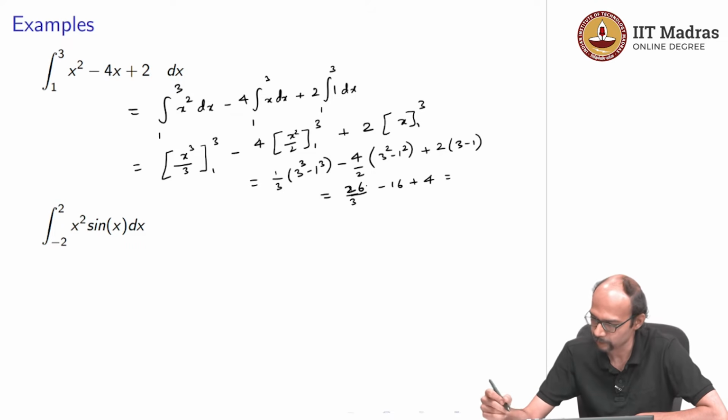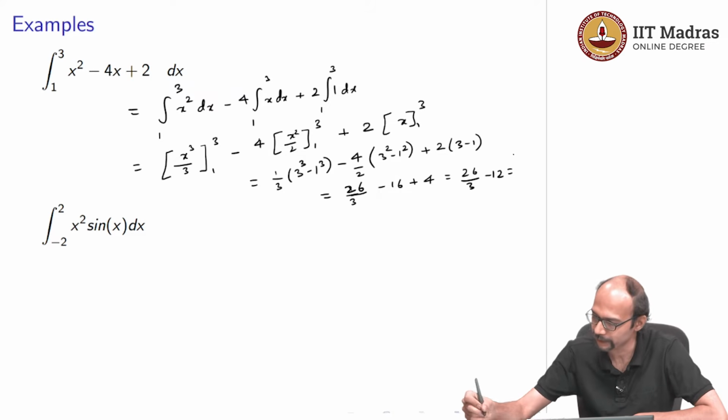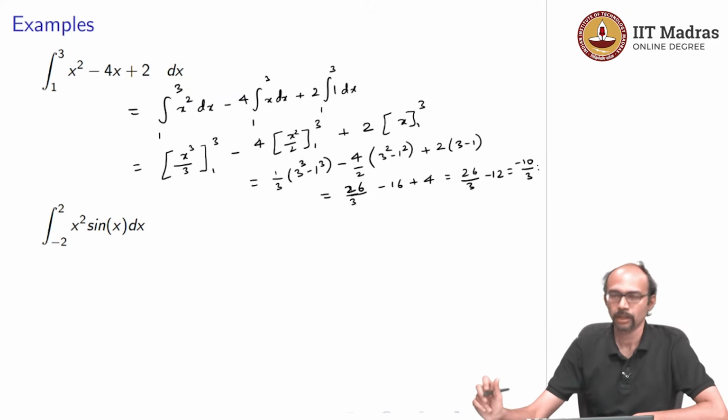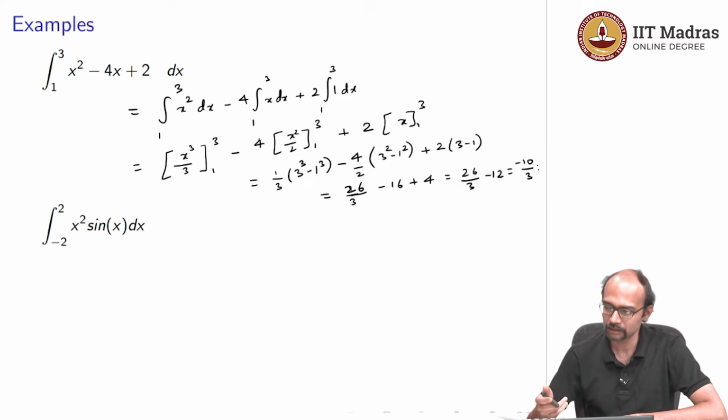So, this is 26 by 3 minus 12, right, and you can probably do better. So, this is minus 10 by 3 and that is our answer. Okay. So, I hope it is clear how to compute these integrals, and how did I get from step 2 to step 3?